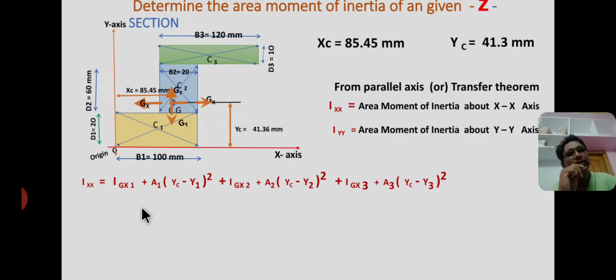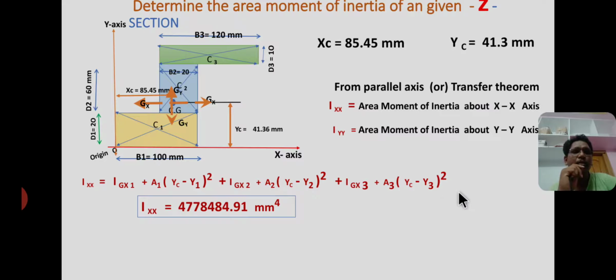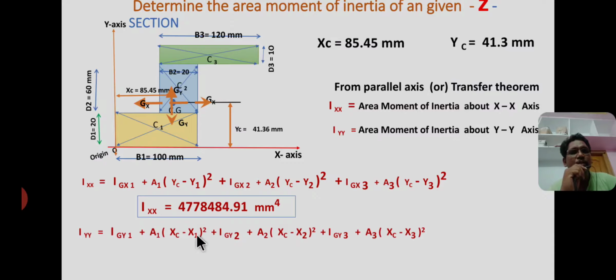From the formula, substitute the values. In the previous slide we have already written the values. From those values you will get the answer. Ixx equal to 4778484.91 mm power 4. Similarly, Iyy equal to 9255757 mm power 4.